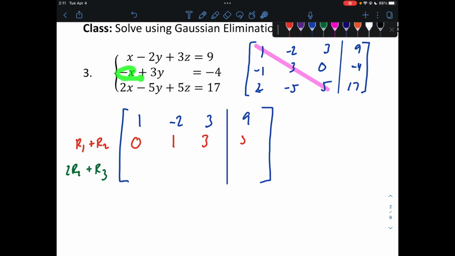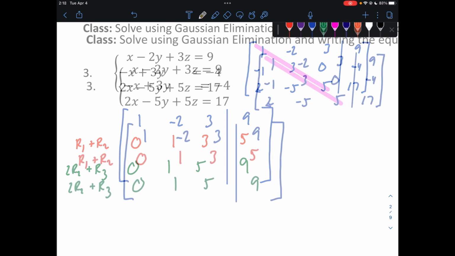So two of these plus 1 of these. -2x plus 2x is 0. 6y minus 5y is 1y. 0z plus 5z is 5. And then -8 plus 17 is 9.